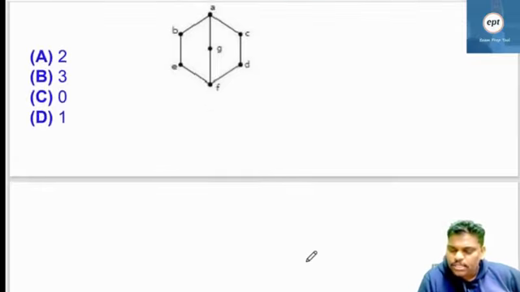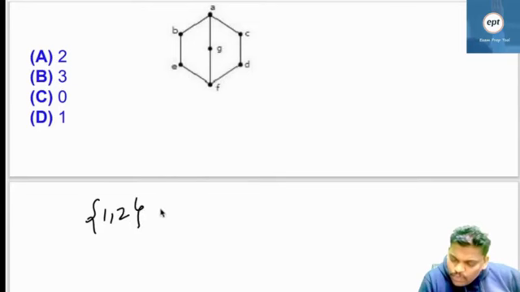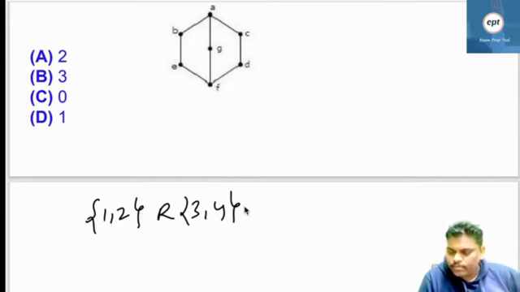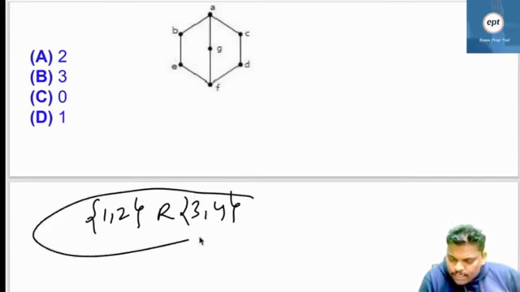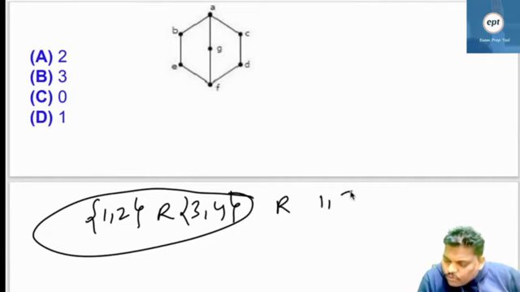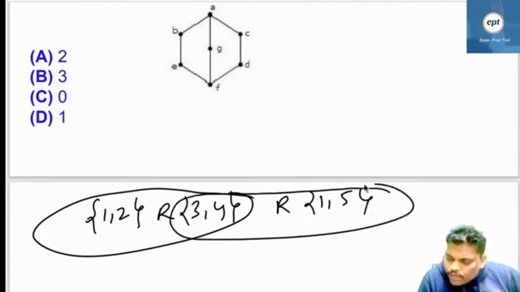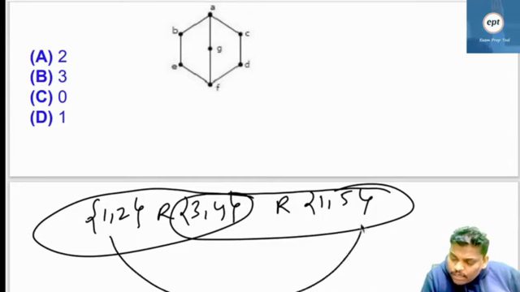Diksha, can you see this? {1,2} is related to {3,4}. That is the relation already there. Next one, {3,4} is related to {1,5}. But {1,2} and {1,5} are not related, because the common element is 1.